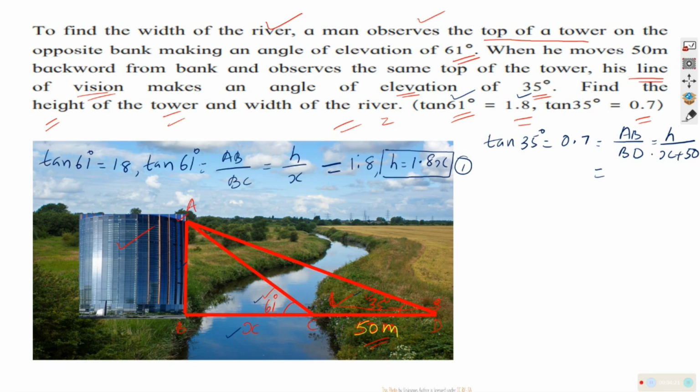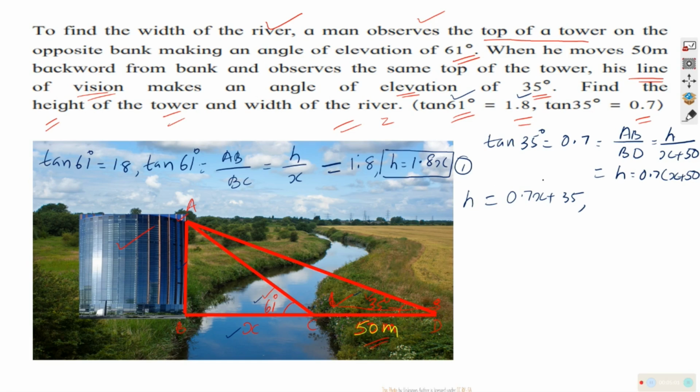And if we write the equation of h from this, we get a new equation for h here, correct? This is the value of tan 35 here, 0.7. So h is equal to 0.7 into x plus 50, which will be equal to 0.7x plus 35, correct? Right. We are making an equation for h again.